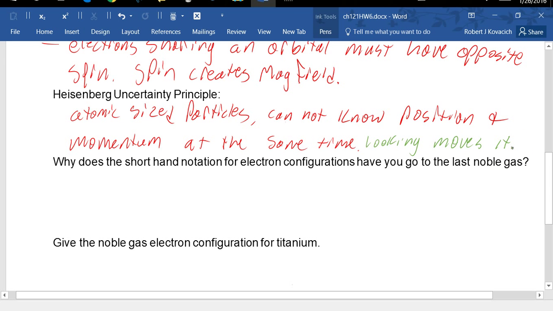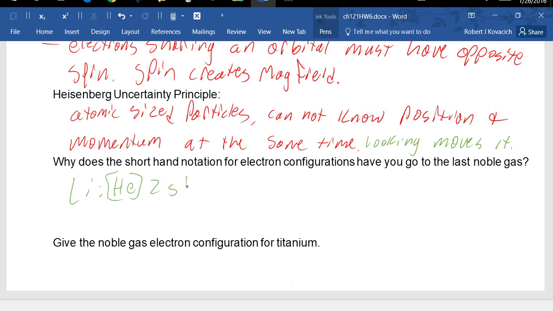Why does the shorthand notation for electron configuration have you go to the last noble gas? So the last level before you step to the next row. It includes everything at that point, and then you add on the last piece. It's definitely about reactivity.